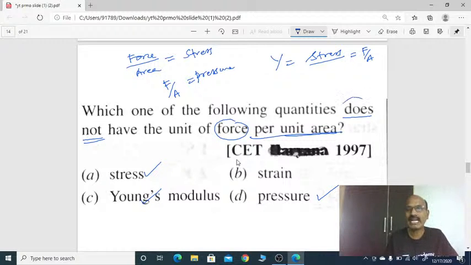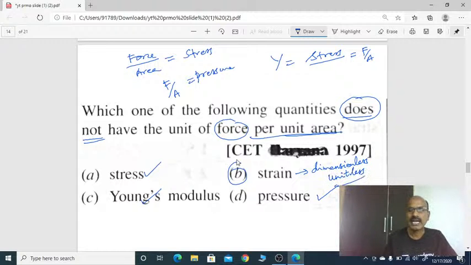And which quantity does not have it? Strain. So keep in mind, strain is the ratio of change in length by original length. That is why strain is dimensionless. We all know strain is a dimensionless quantity and even unitless. There is no unit.